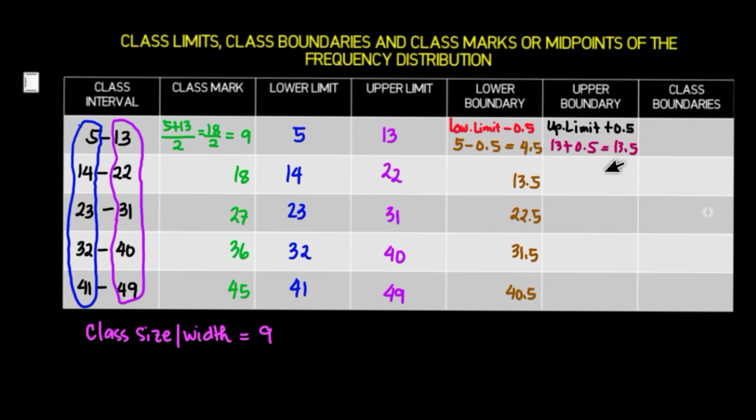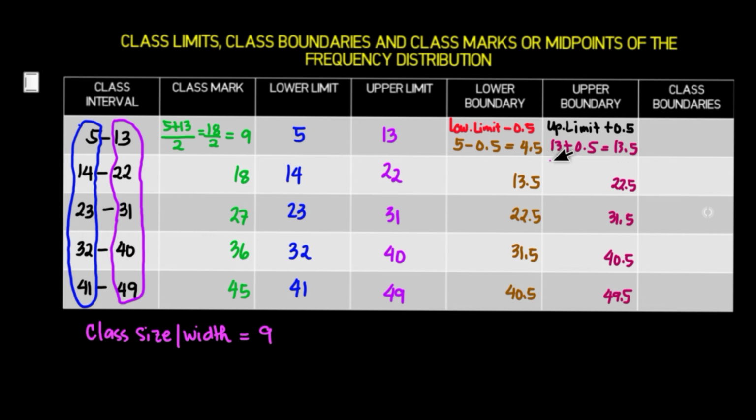Ganun po sa 22 plus 0.5 is 22.5. And then, 31 plus 0.5 is 31.5. 40 plus 0.5 is 40.5. And then 49 plus 0.5 is 49.5. Nasa inyo kung gusto nyo na lang mag-add ng 9. Okay lang din yun.